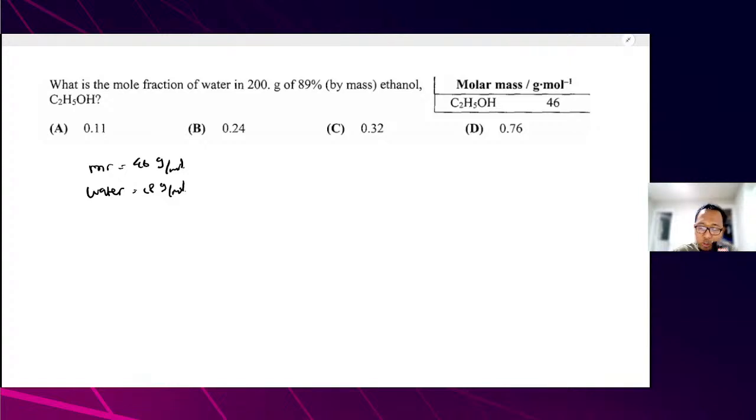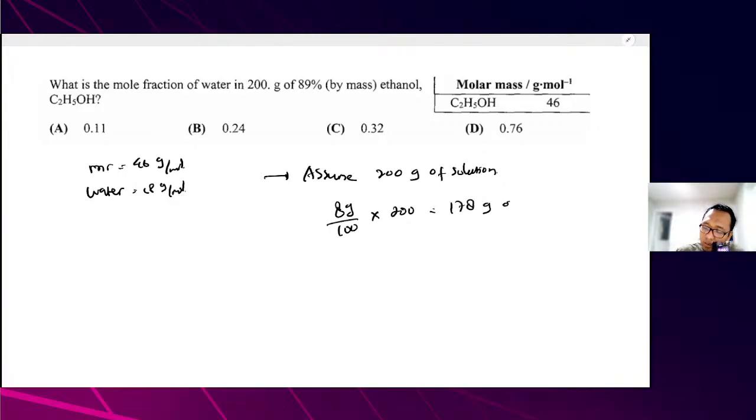Okay, so the first step is assume we have 200 gram of solution. So we know that we have 89% of 200, so it will be 178 gram of ethanol.